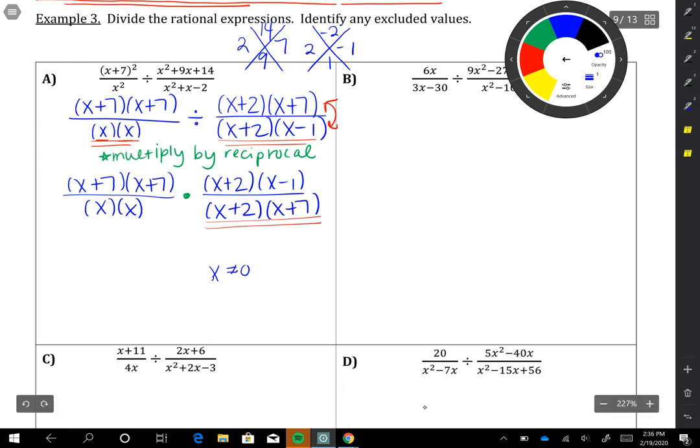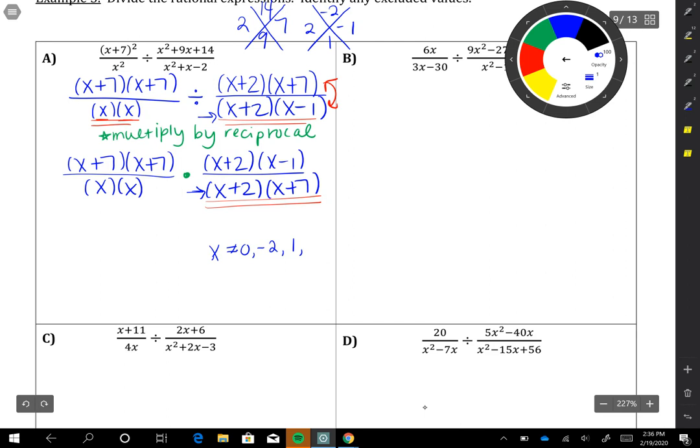In the second fraction, I have x plus 2 and x minus 1 in the original, so that would be a -2 and a +1, which we cannot equal. And now looking here, my new denominator, that'd be x plus 2, so that's -2, we've already covered that, but then x plus 7 also adds in that we cannot equal -7. So those are all our excluded values.